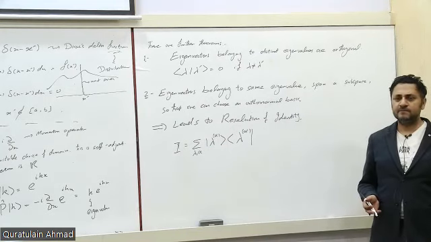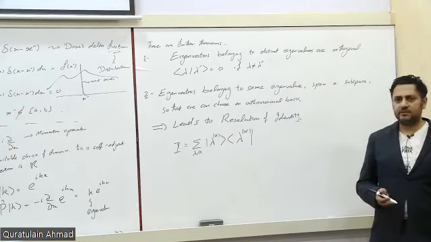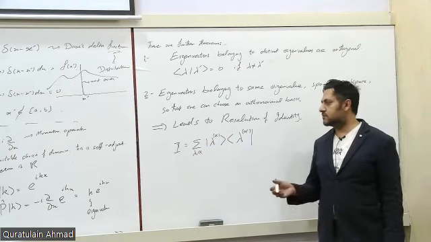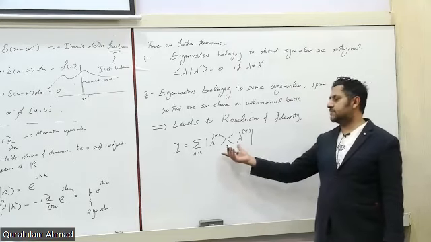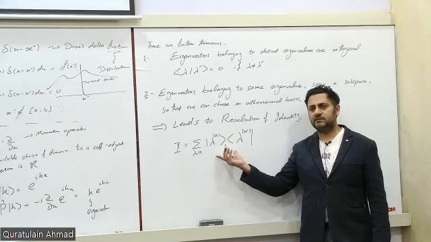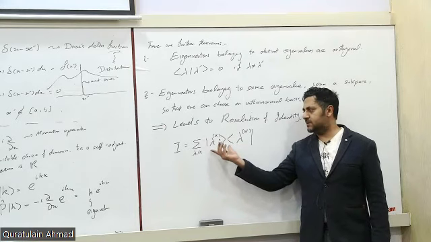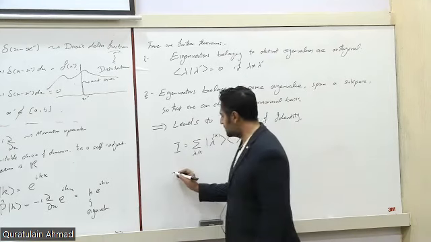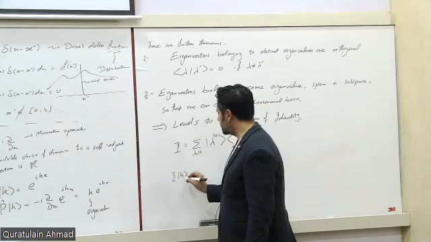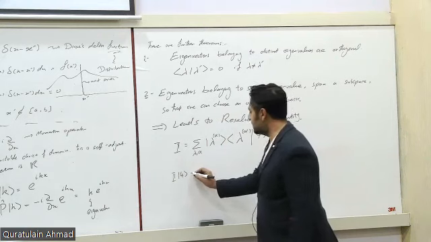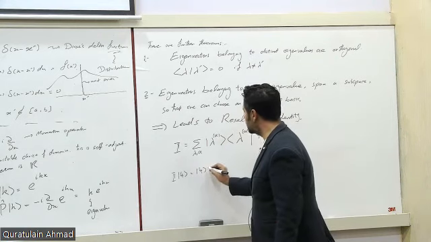Sometimes it is called the completeness property. Yes, this is also called completeness, in the sense that you can write any vector. This basically allows you to expand a vector in this basis. So if I apply it on a vector psi, I get psi back because it's identity.